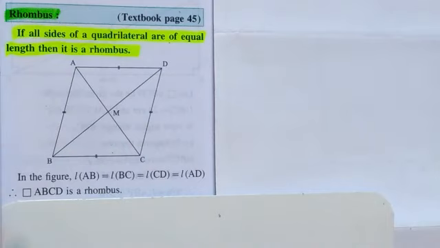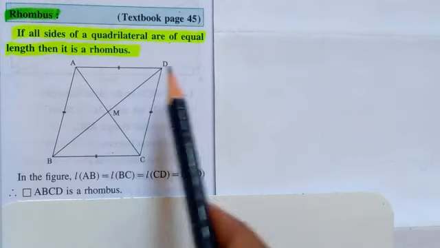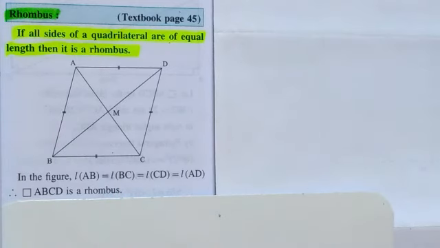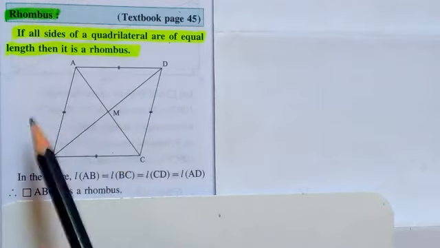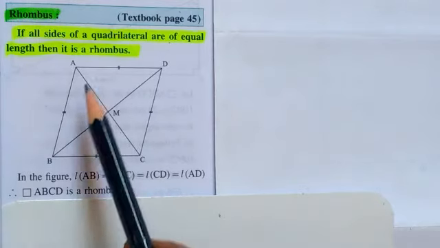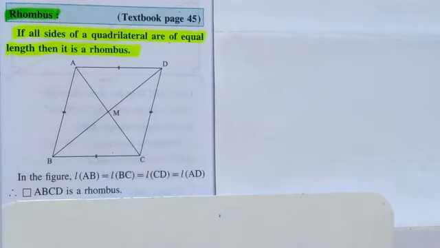It means they have the same measurement, but these angles are not right angles, and their measurement is not 90 degrees. As we just studied, squares have right angles, but a rhombus has the same measurement of all sides, but its angles are not right angles. That is the main difference between the rhombus and the square.